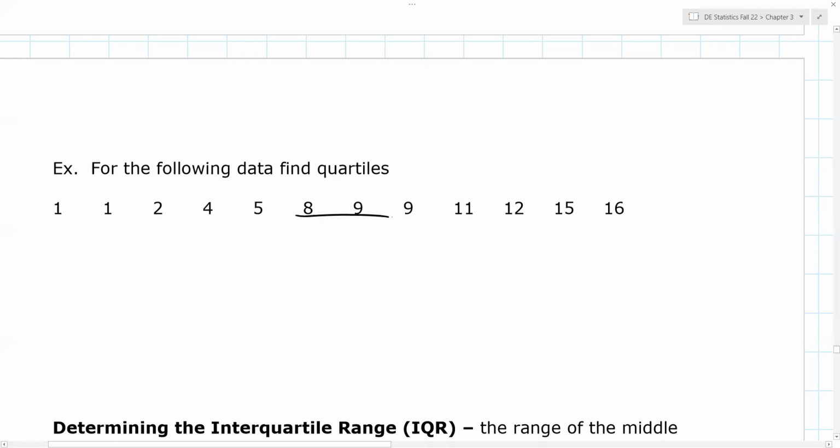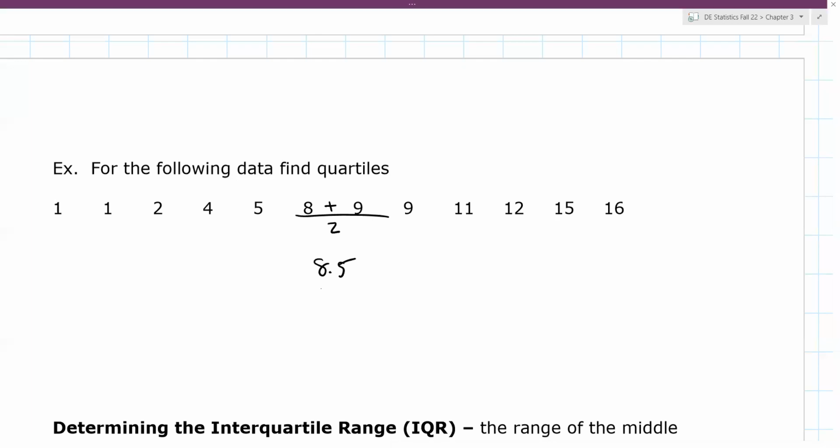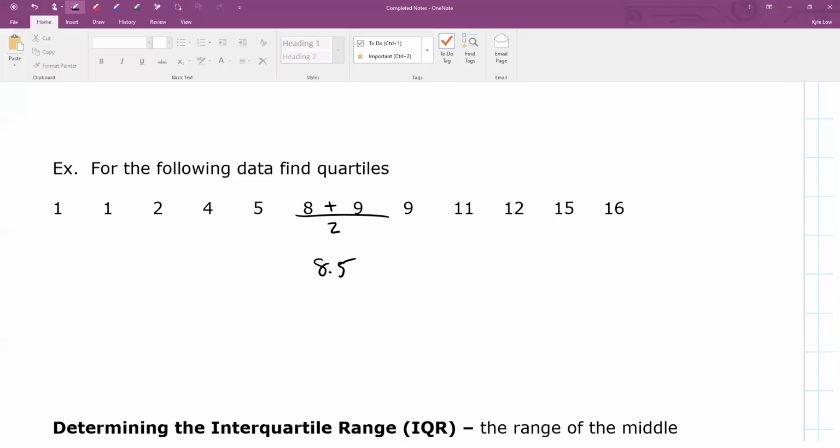So to find the median of an even data set, we add the 2 middle parts and divide by 2. That gives us 8.5. That's our Q2. Now, because I didn't actually use the 8 or the 9 for my median, those values get included in my lower data set.